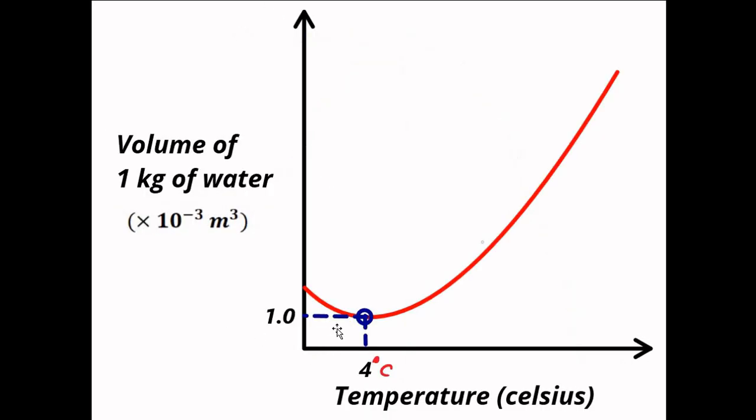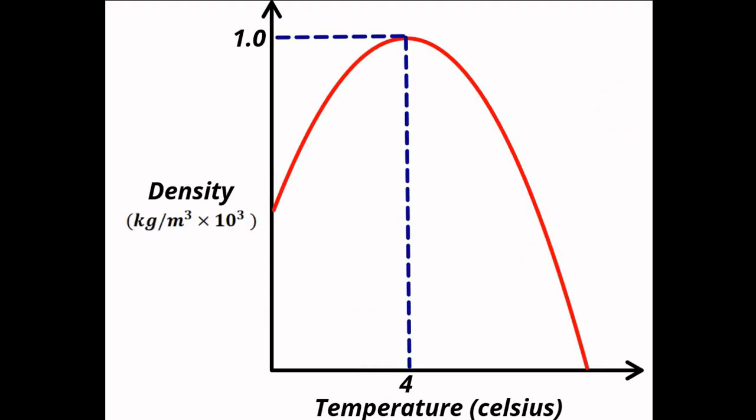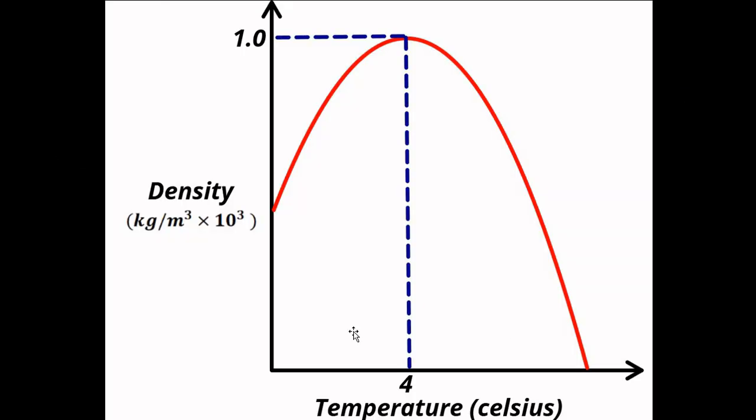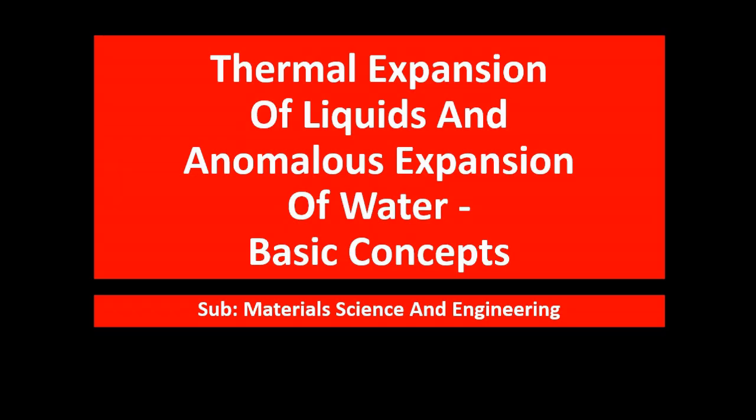Now once it crosses 4 degrees Celsius, its volume exhibits normal behavior similar to other liquids, that is its volume increases and as a result density decreases. So this is the thing related to thermal expansion of liquids and anomalous expansion of water, the peculiar behavior of water.